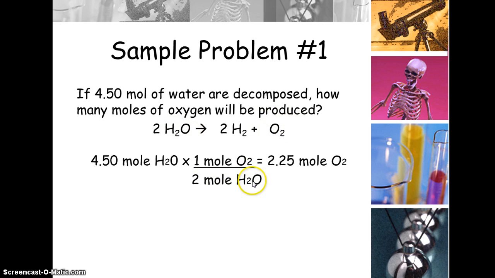So we're going to put 2 moles of water are equal to 1 mole of oxygen. Now we just multiply everything on top, divide by everything on the bottom. So we end up with 4.5 times 1 divided by 2, which is going to give us 2.25 moles of oxygen. That means if this much water is decomposing, it's going to produce this much oxygen.